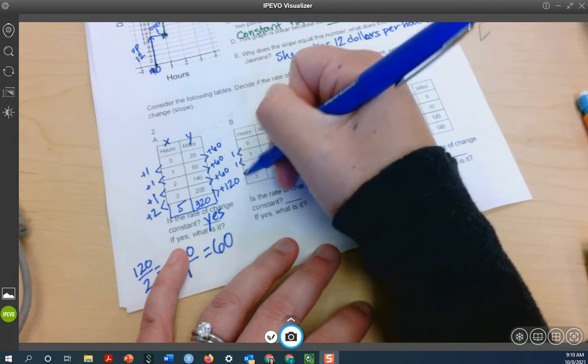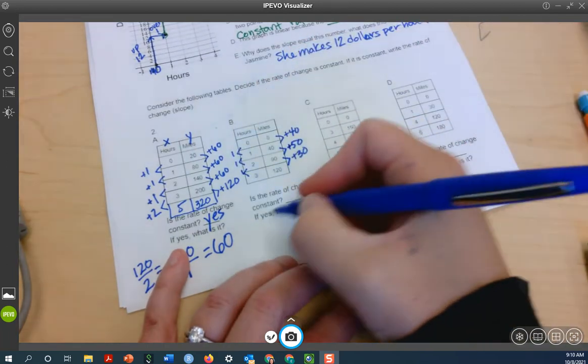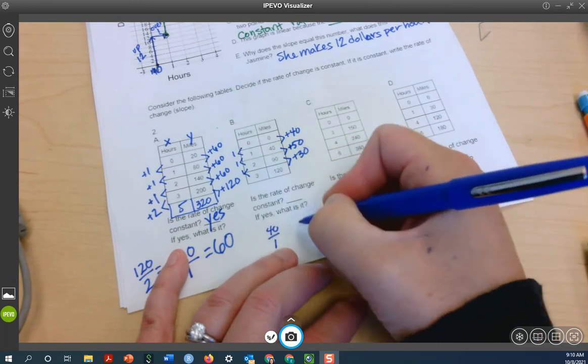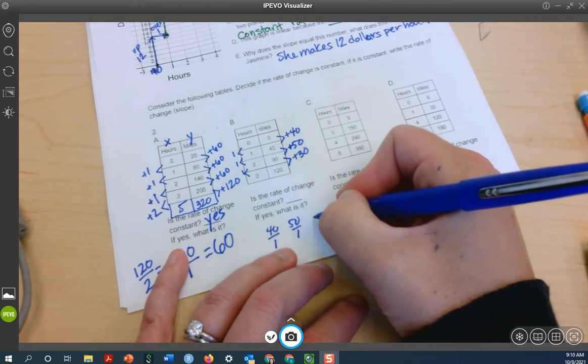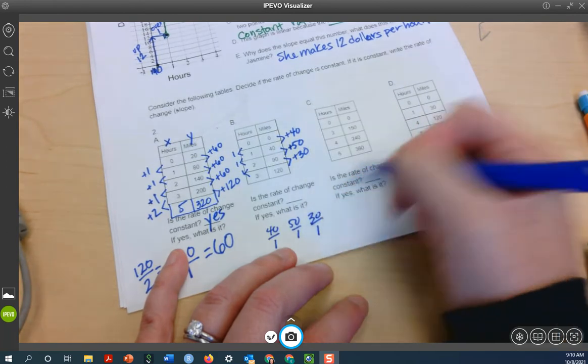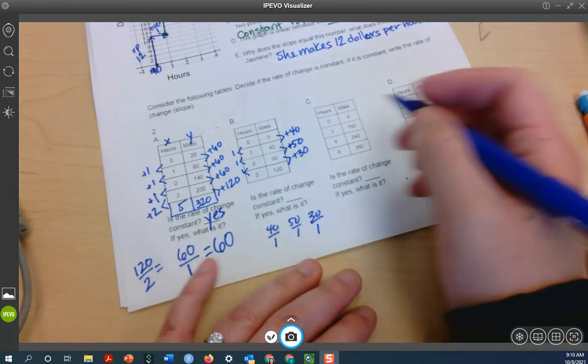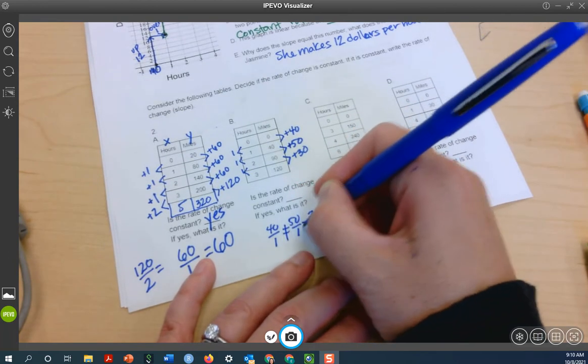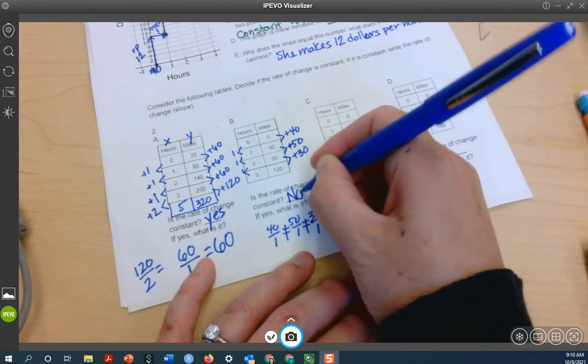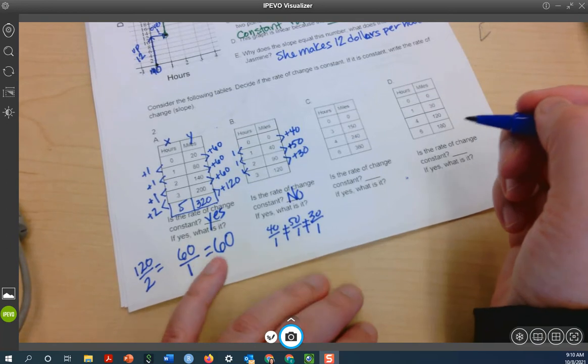No, not really, right? Because it's just 1 over each time. So I have 40 over 1, 50 over 1, and 30 over 1. Are those the same number? They're not the same, right? So because they're not equal to each other, I'm going to say no. No constant rate of change.